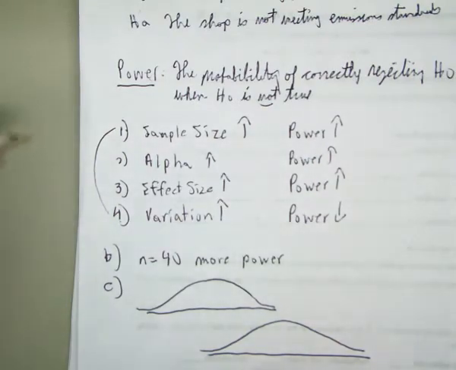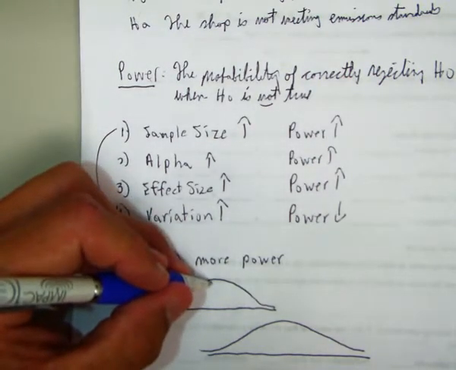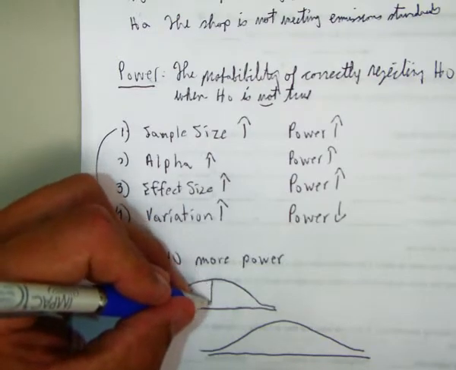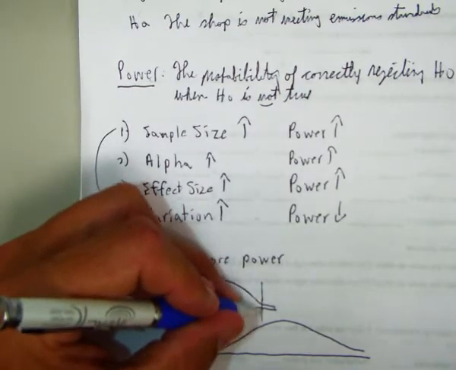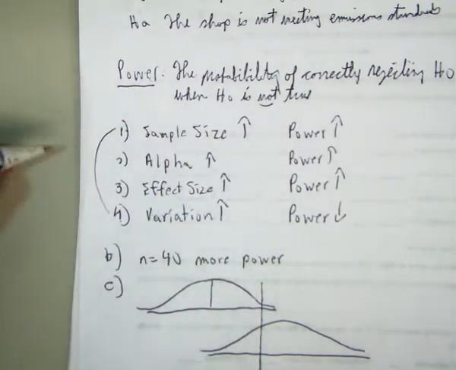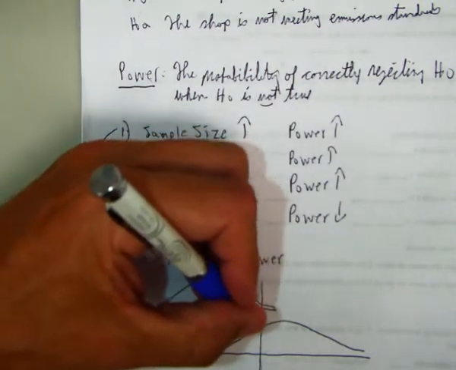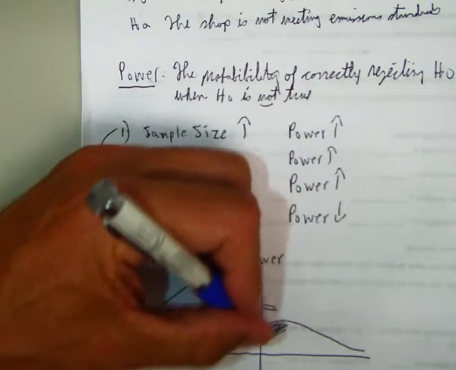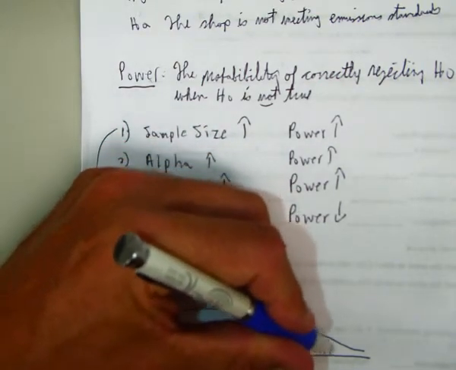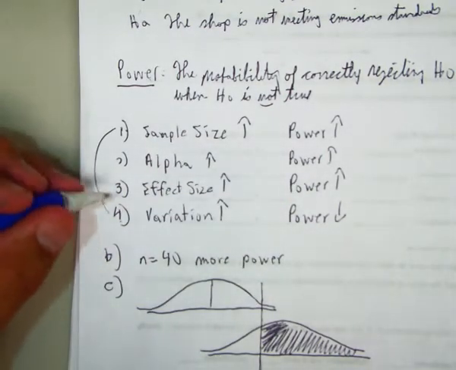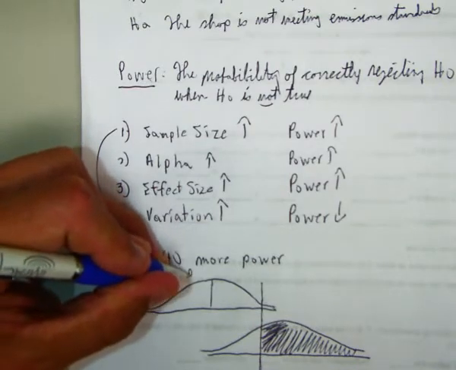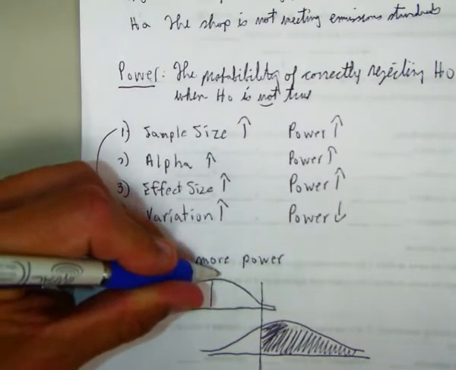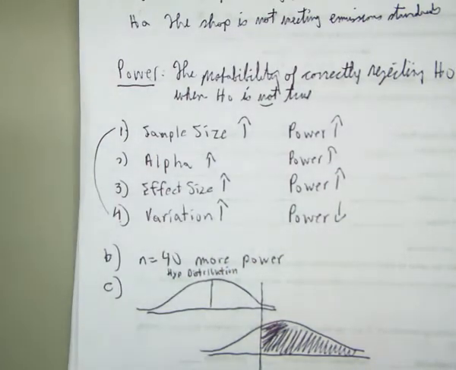Okay. So here's our alpha level. So remember, our power is this shaded region right here. I'm going to call this right here the hypothesized distribution. That's what we think this auto shop is.